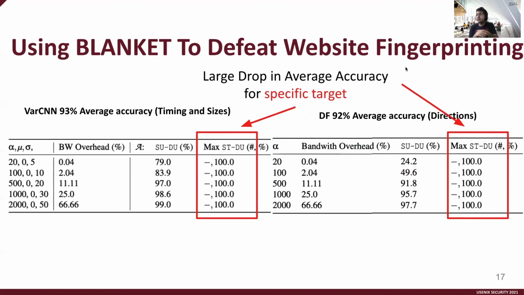For example, if we want to target a specific website and make the traffic analysis system misclassify every flow from that specific website, we can also do that with this type of attack, which is not in the previous works. And we can show that with a small amount of perturbation to traffic, you can easily make this system misclassify the inputs.